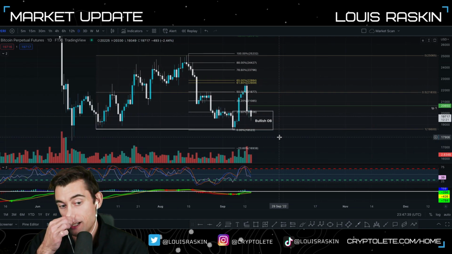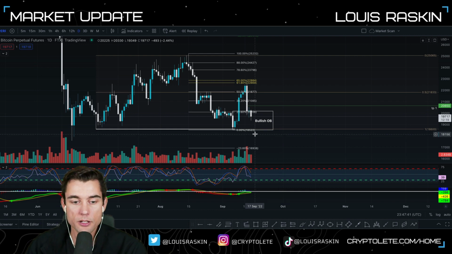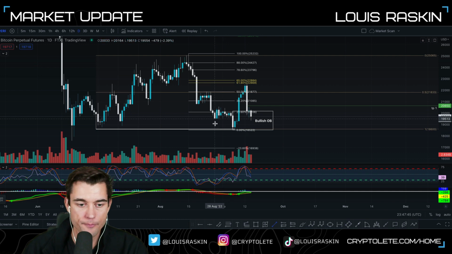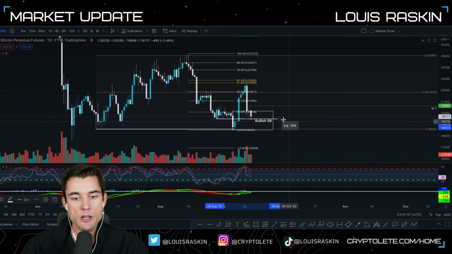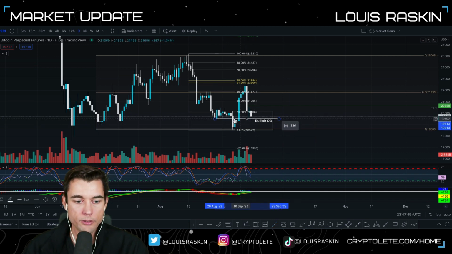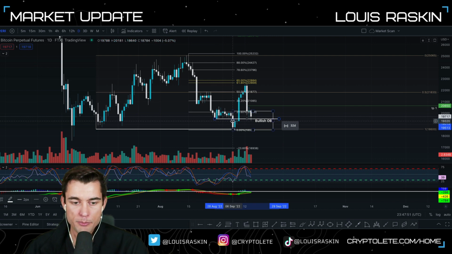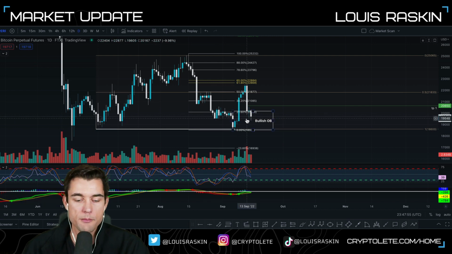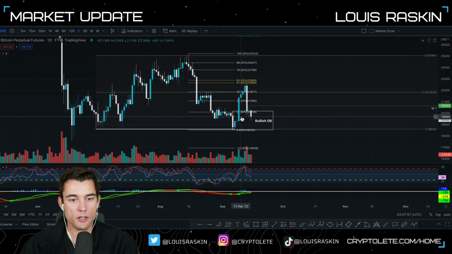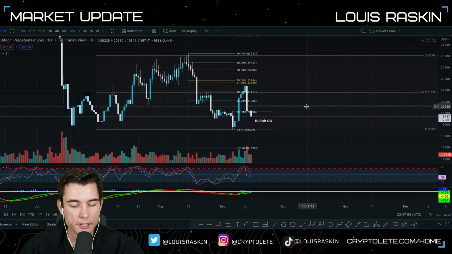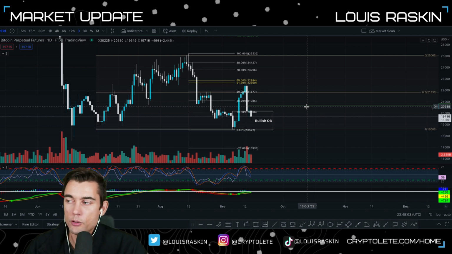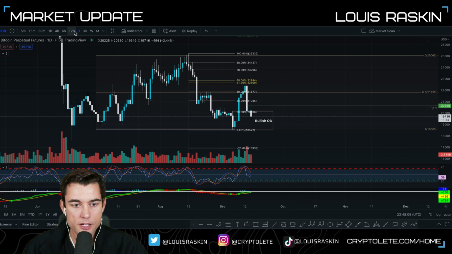But for Bitcoin, until it breaks below here and creates a lower low, or at the very least closes below this previous low that happened before the swing, I'd say I'm neutral on Bitcoin. I would only want to get in if I see something pretty obvious.